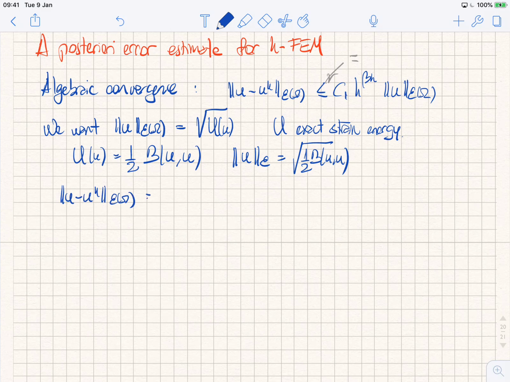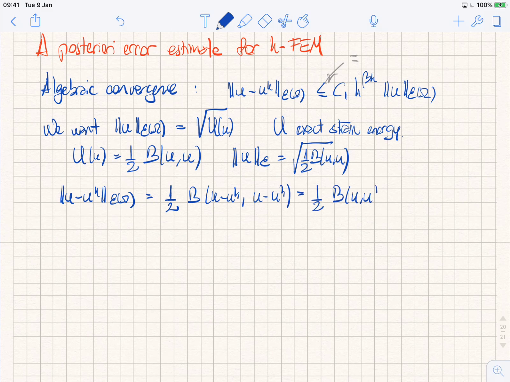So now I have the norm of u minus u_h squared, and that is actually equal to B(u,u) minus 1/2 of B(u_h,u_h).